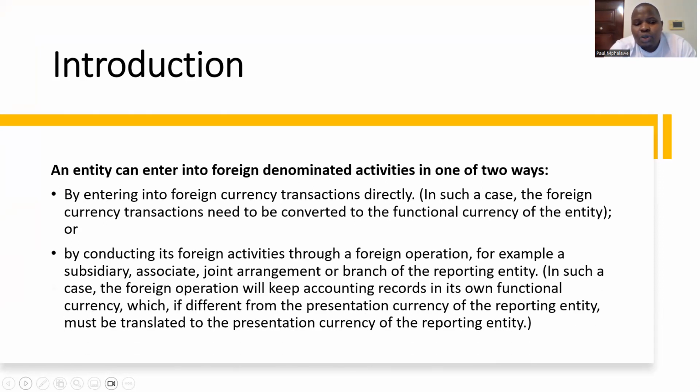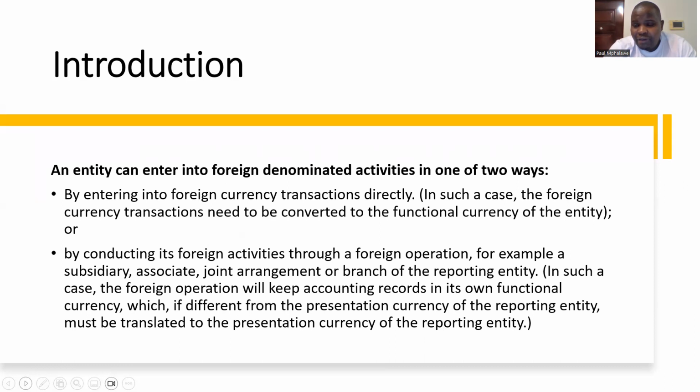The company can also conduct its foreign activities through a foreign operation. For example, a company can have a subsidiary, an associate, or joint arrangement, or a branch of the reporting entity in a country other than the country of origin.